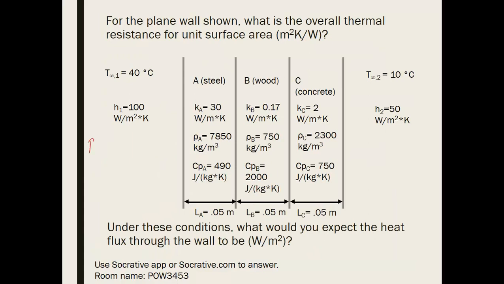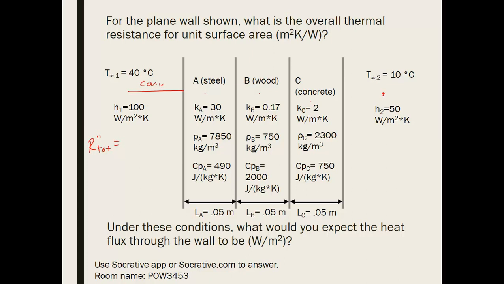We're looking for the total thermal resistance for unit area. This is pretty much the system we were just looking at. Heat has to convect here, then conduct through wall A, then wall B, then wall C, and then convect back out into the room on the other side.